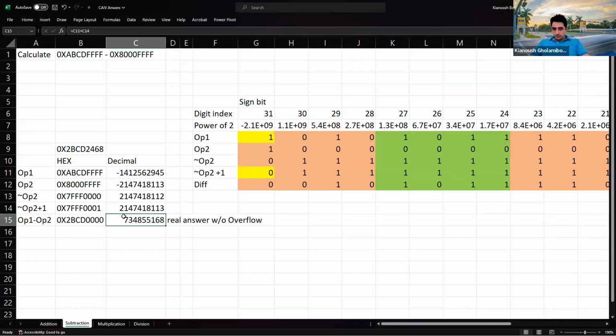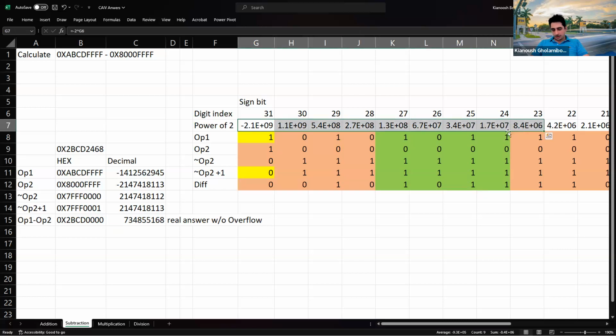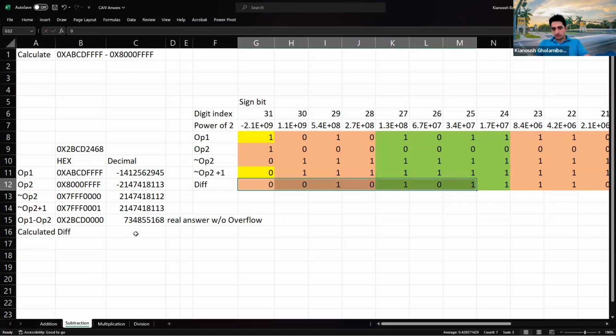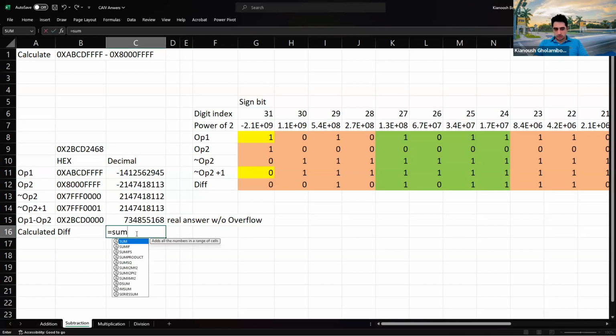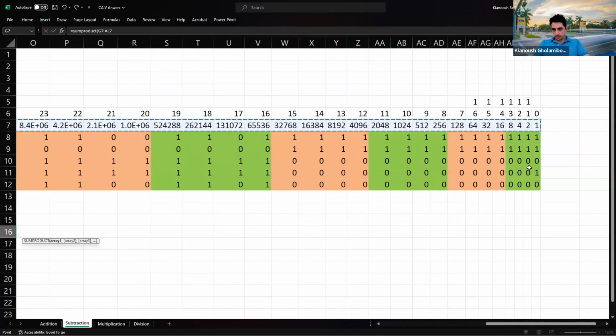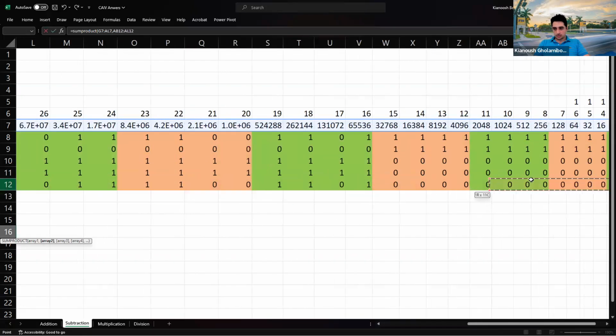Okay, so this is the real answer, and we can verify this answer by multiplying these bits by their powers of 2. So the calculated difference in that binary fashion will be equal to the sum product of the powers of 2, which is this row, and the last row.